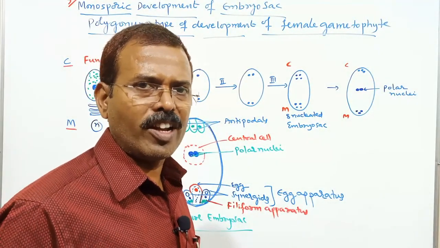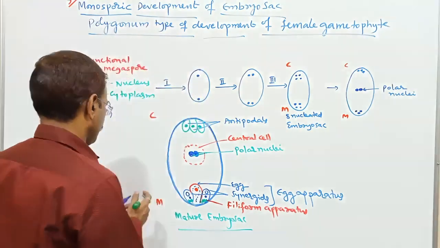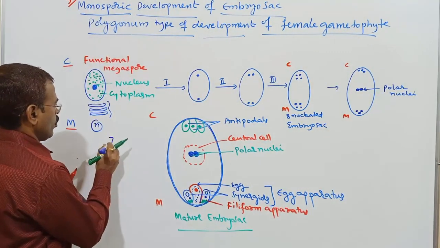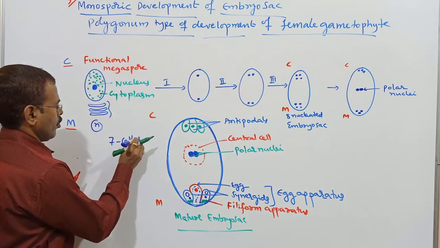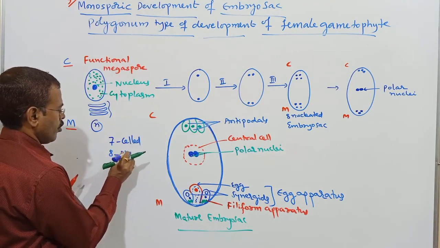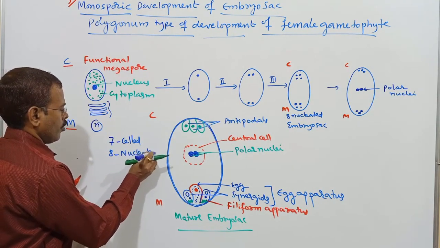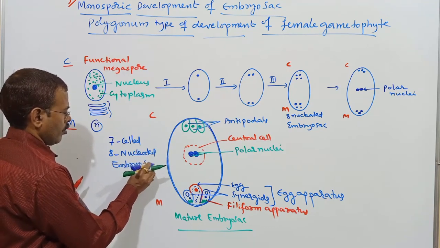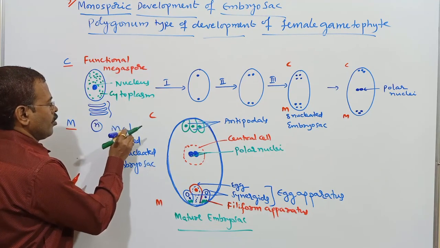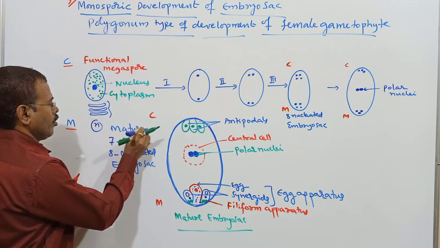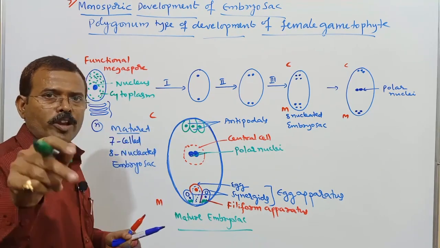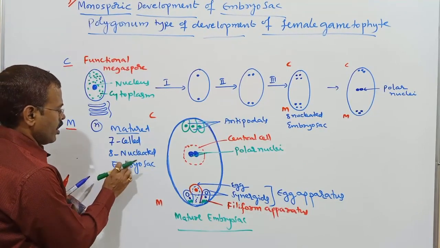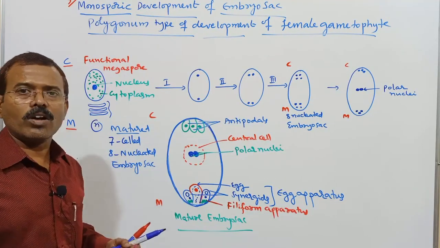The mature embryo sac will be a 7-celled, 8-nucleated embryo sac or female gametophyte.